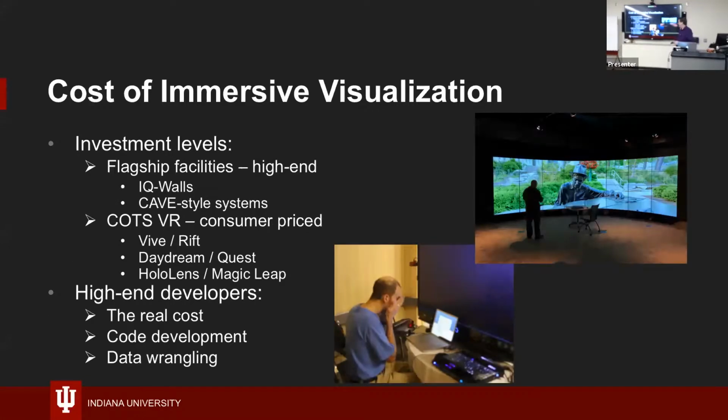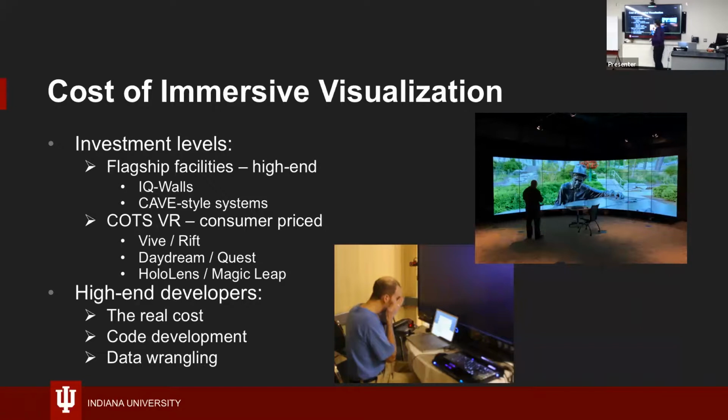So a slide that has changed quite a bit over the years of talking about this topic is the cost of immersive visualization, right? So we generally talk about these days the notion of flagship facilities, which are big displays, tile display walls, cave-style systems, Cave 2 style systems, and commercial off-the-shelf virtual reality systems, which are more akin to what people are going to be using today in their office, at their home, something that they can even bring with them.